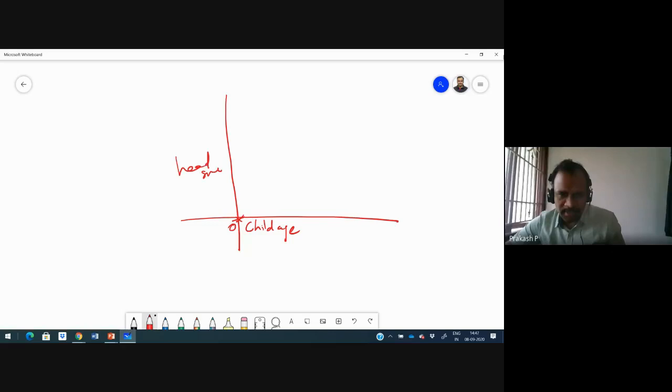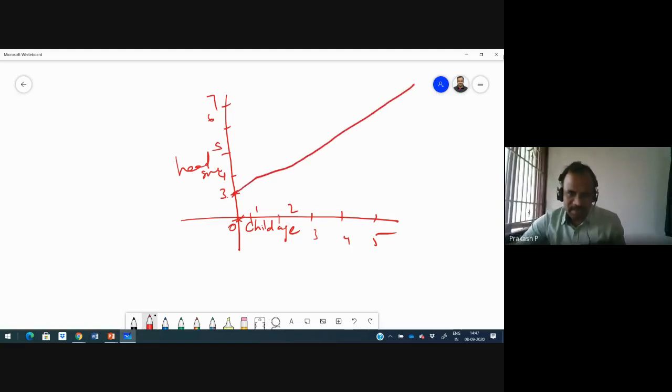For a newborn baby, the head circumference may be around 3 or so. Here you can consider 1, 2, 3, 4, 5. It starts at 3 and gradually increases, right? So this is the straight line.